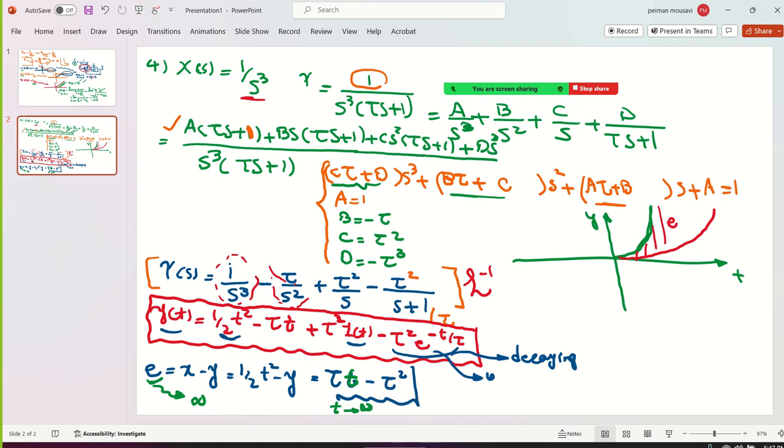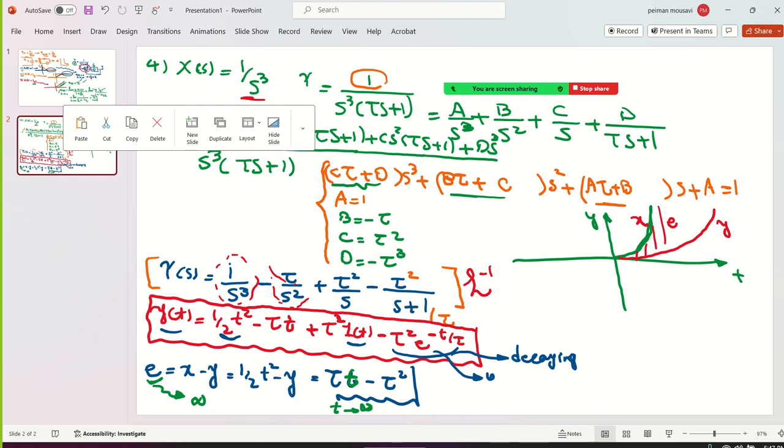This is error signal. This is output. This is input. Understand, everyone? So validation is very easy. Can I go to the next page? Yes, guys?